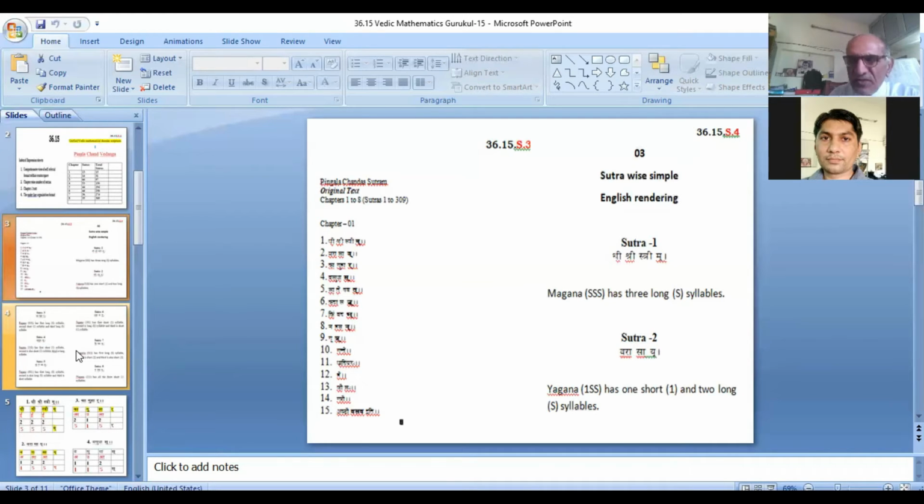So a short syllable is taken as one unit value and a long syllable is taken as value 2, double the short. Therefore, in terms of symbols, this pair of additional syllables would be a vertical line, like a 1, for the short symbol, and a curve like S for the long syllable.